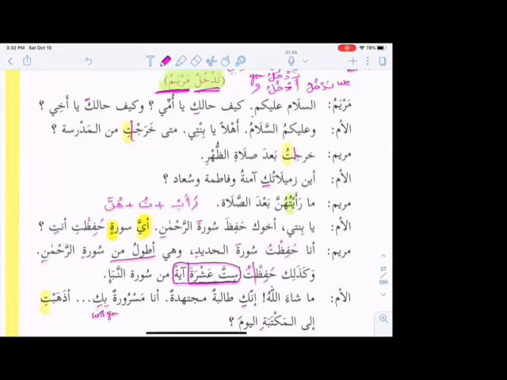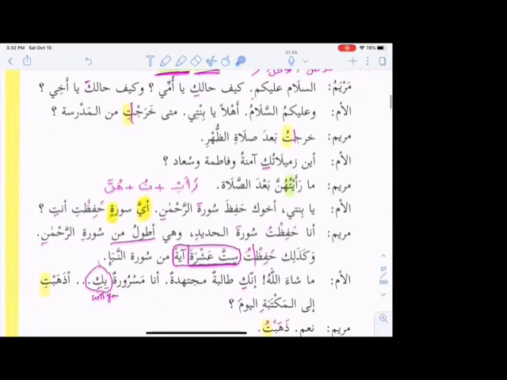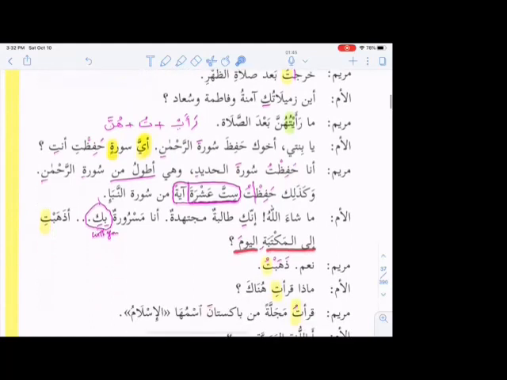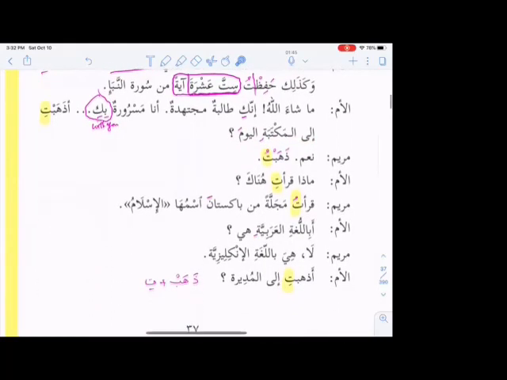This is jar majroor. Biki. Now she's asking another question. A-dhahabti? Did you go to the library al-yawma? Na'am, dhahabtu.